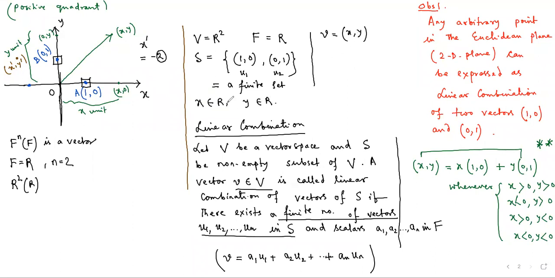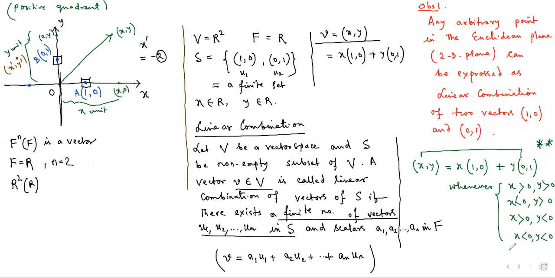So we always get some scalars x and y, by which we can write v as the linear combination of the vectors 1, 0 and 0, 1. Therefore any two-dimensional coordinate point can be expressed as a linear combination of 2 points, one is 1, 0 and another is 0, 1. So therefore it is called the linear combination. So this is our observation number 1.